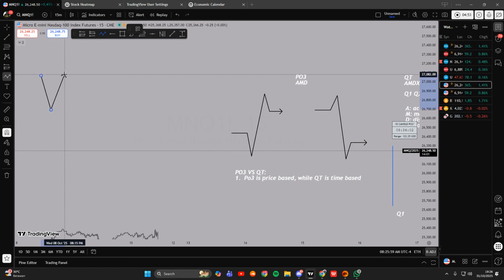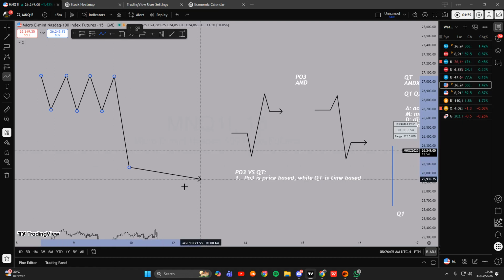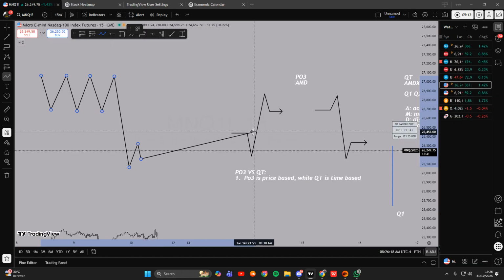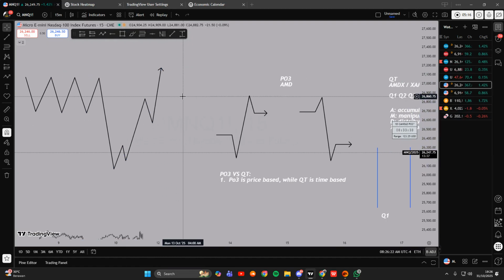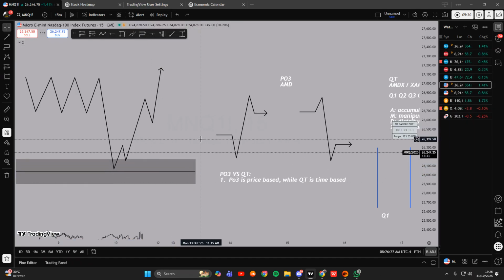So you want to see an accumulation, manipulation, either tapping into a PD array, and we would expect price to be respecting it, right? So then if it does reverse off that PD array, what would be our draw? These consolidation highs. So that's what I mean by how PO3 is price based. You get what I mean?